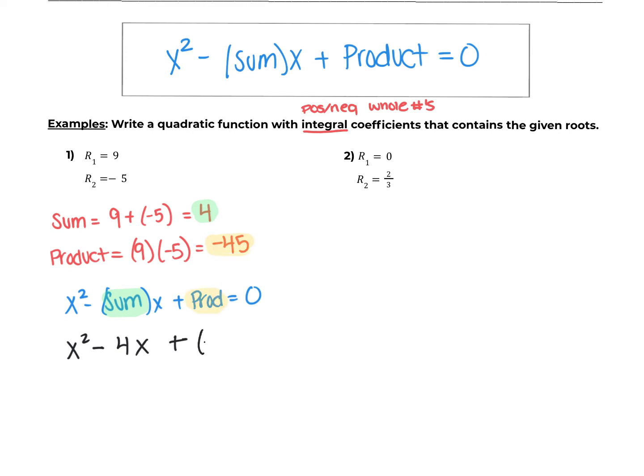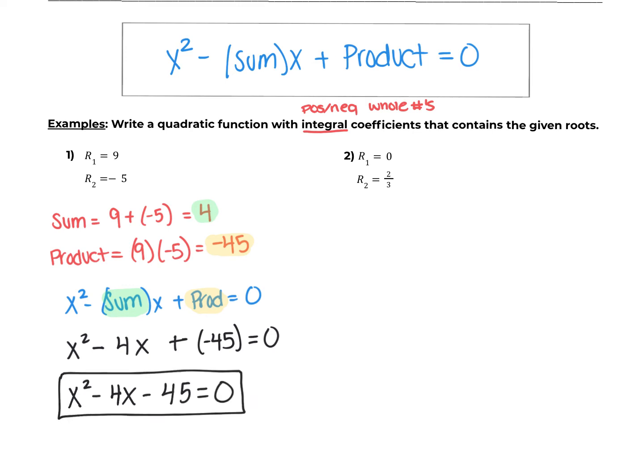So plus negative 45. I put that in parentheses because there were 2 signs, plus and a negative. Remember that when you have plus and negative, it's the same thing as saying minus. So x squared minus 4x minus 45 equals 0. That is your final equation. This is the quadratic that will produce these 2 roots.